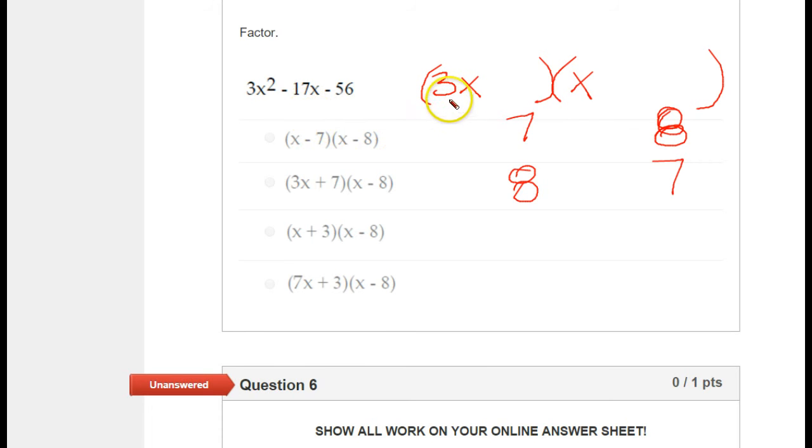So let's take a look at one. And this is trial and error. So if this were an 8, 3 times 8 is 24. And if this is a 7, so 24 minus 7 gives me 17. So what will the signs be?